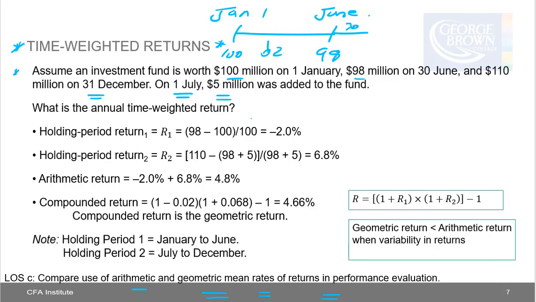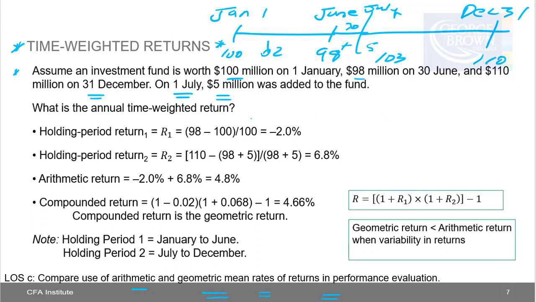That's on June 30th. However, on July 1st, which is just a day later, $5 million was added to the fund, so the fund would be $103 million on July 1st, and then on December the 31st, the fund is worth $110 million.